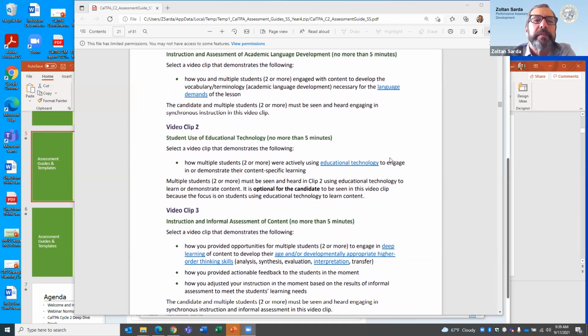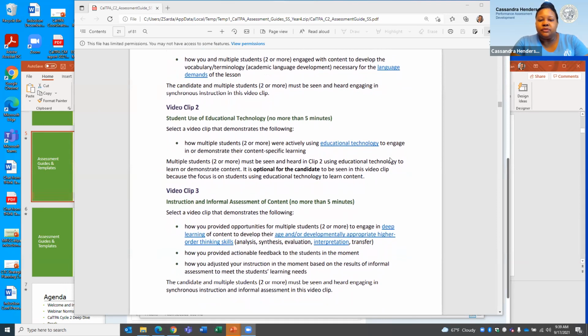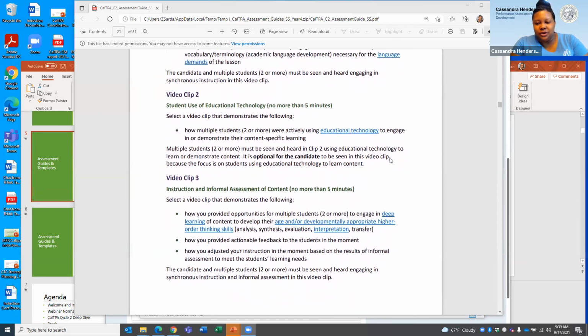And then video clip 2 is the students' use of technology. I want to stress here, the use of technology is not just logging on to something. Candidates really want to be thinking about how they are using technology to deepen content knowledge and further learning for children.